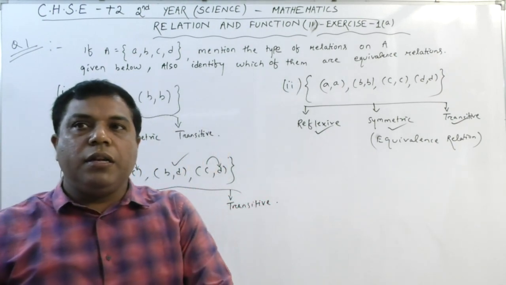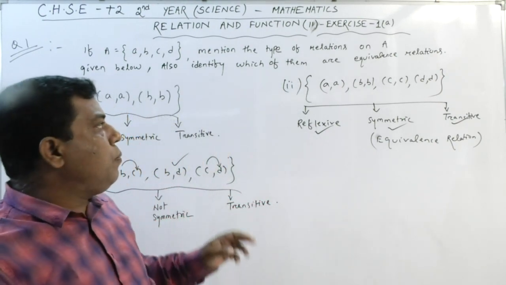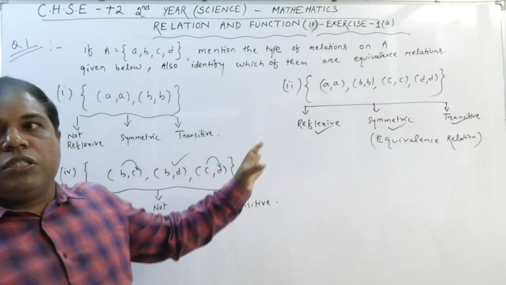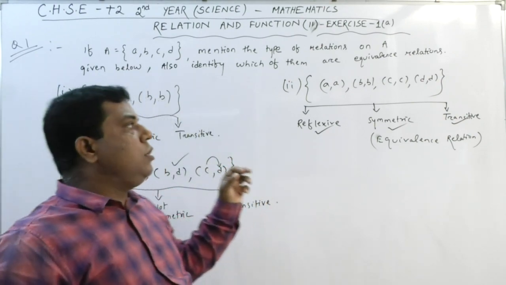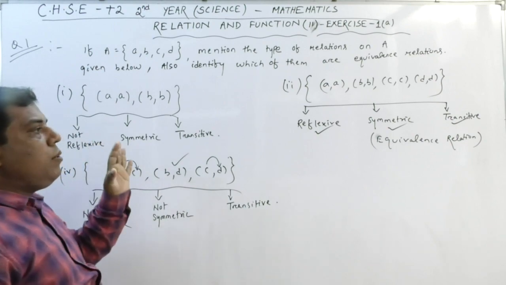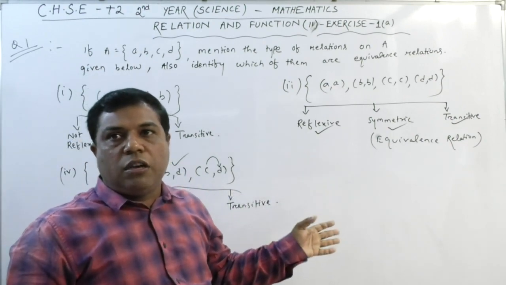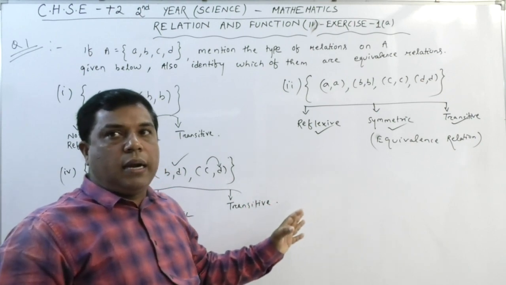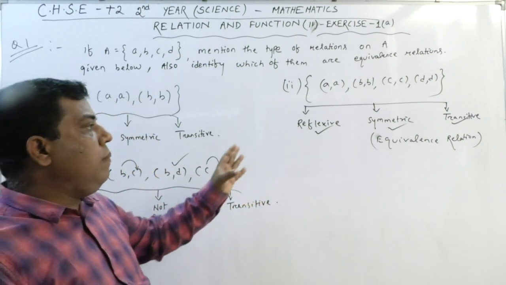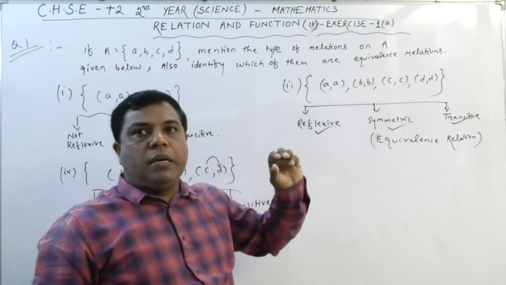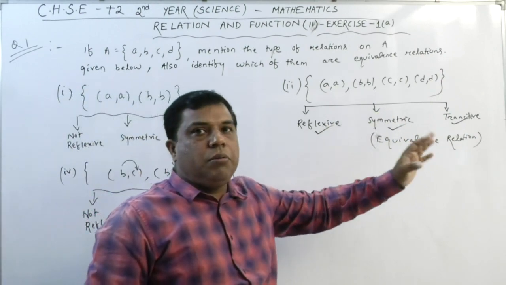In this way, my dear students, you can proceed to solve the questions of question number 1, where you are able to specify what type of category these relations fall under, whether they are reflexive or not, symmetric or not, transitive or not.